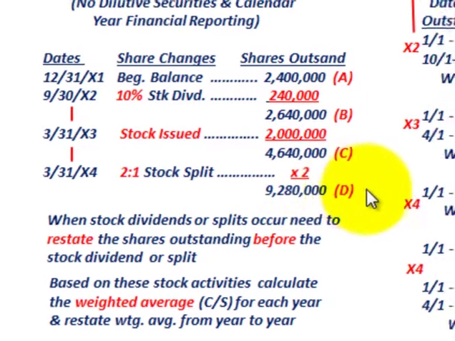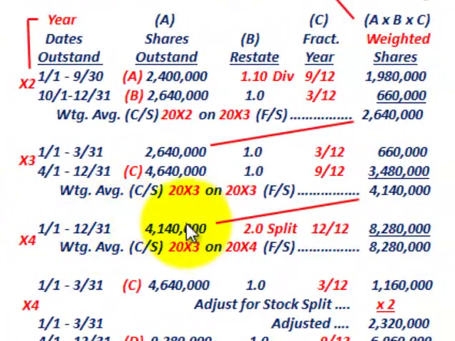So let's go back and look at our table. Maybe I've gone ahead of myself a little bit, but for year X4, again, the weighted common stock for how 20X3 should be reported in 20X4. We take our 20X3 amount of 4,140,000, that's the 20X3 weighted average. We had the 2-for-1 stock split, so we have to restate it, since it happened for the whole year.